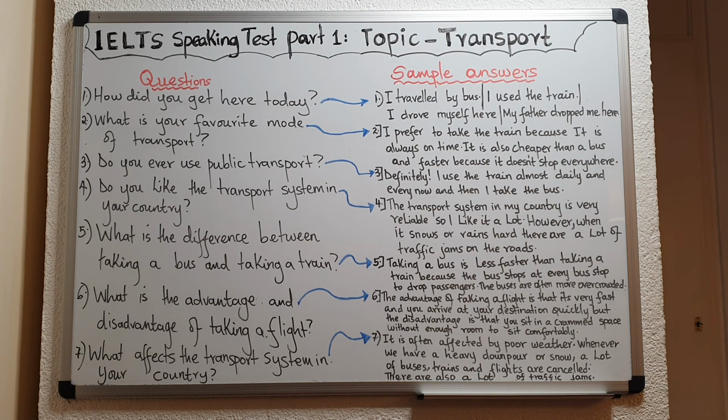The buses, the trains, and the flights are cancelled. A lot of them are cancelled. But that's not all. Poor weather affects the transport system, according to my answer, because it does also lead to traffic jams. It leads to a lot of traffic jams on the roads. Okay?